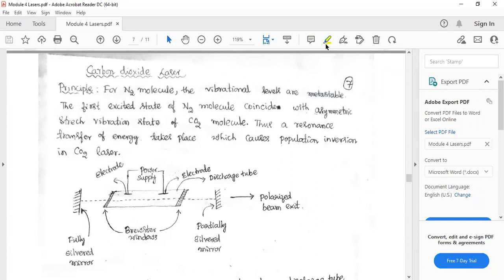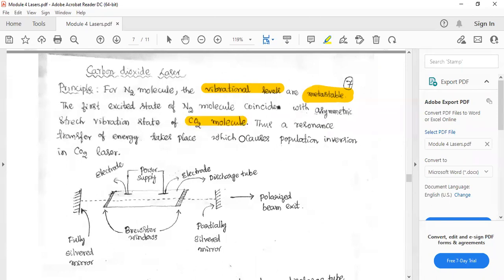The nitrogen molecule gives a vibrational level, which is a metastable state that stays longer than the excited state of the carbon dioxide molecule. The first excited state of the nitrogen molecule coincides with the asymmetric stretch vibration state of the CO2 molecule.